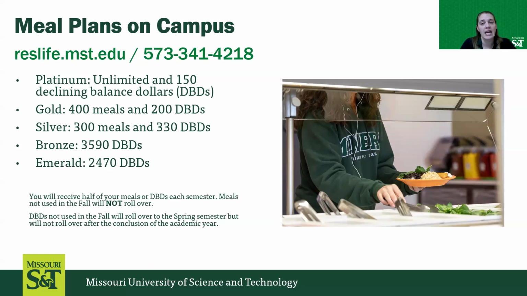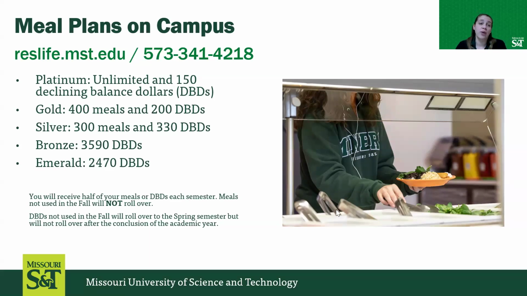So a meal will say, this is just an example, not an exact number, is maybe worth $8.50 for lunch. So you go to Chick-fil-A, and you spend $9. They'll swipe your meal and then you have 50 cents over. It takes that off of the DBDs. With the Bronze, they don't necessarily have to worry about the meal point. It's basically just cash that they have to use at that food court.